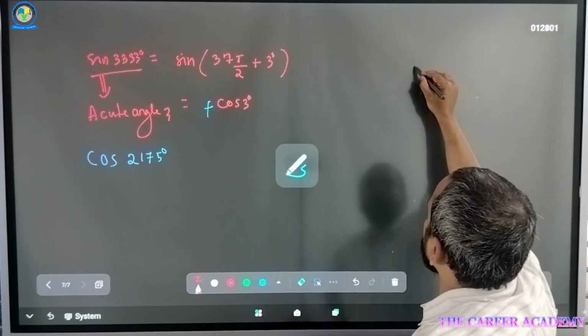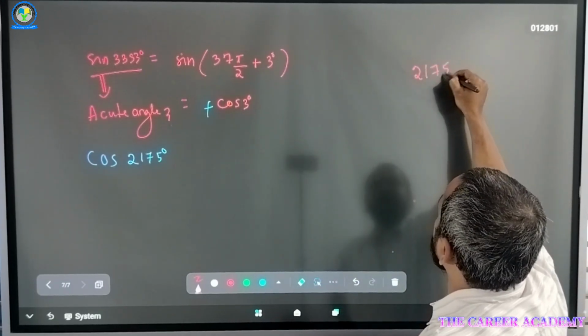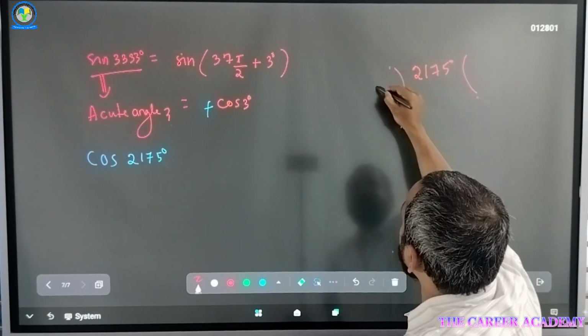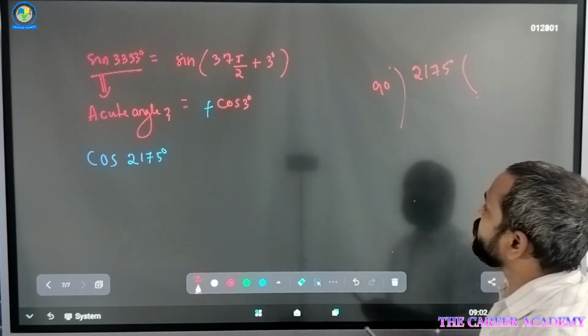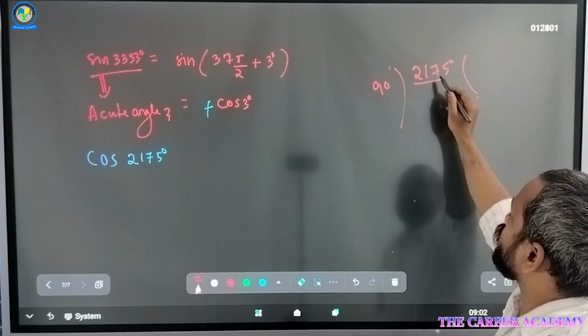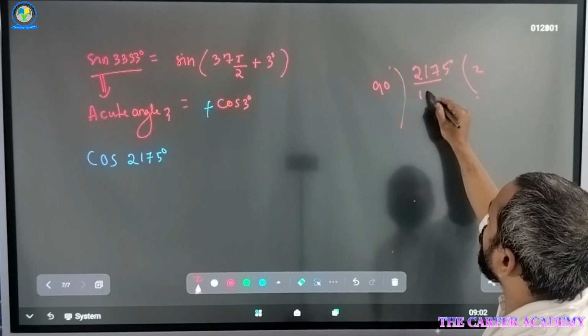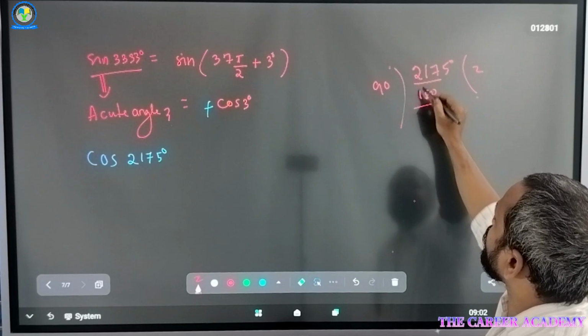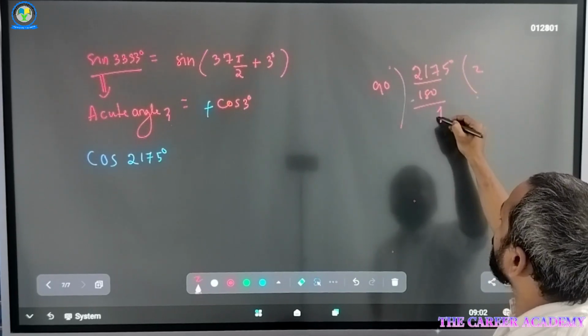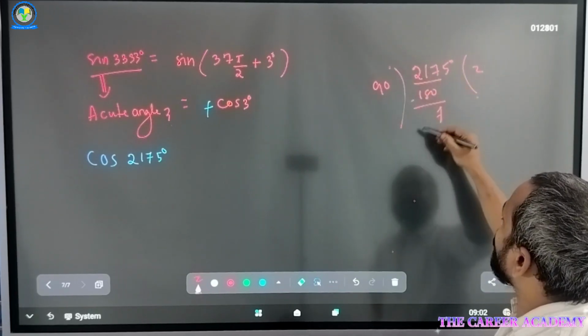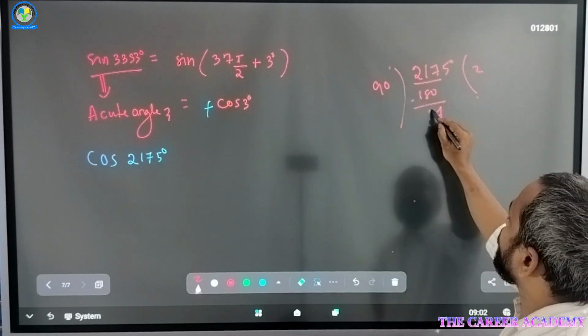See, 2175 degree divided by 90. 90 times 2 is 180 degree. 270 minus 180, it is 7. 11 minus 80, it is 3.